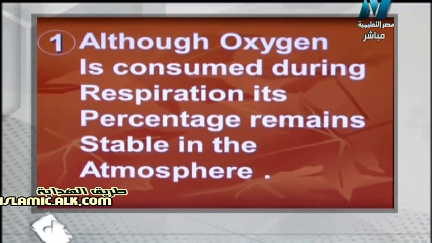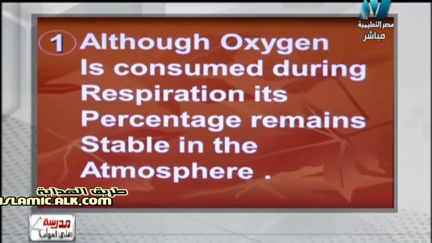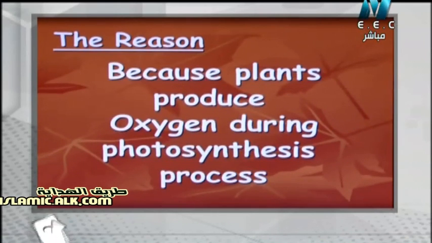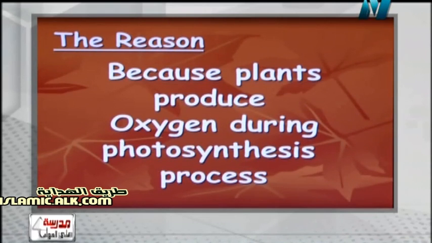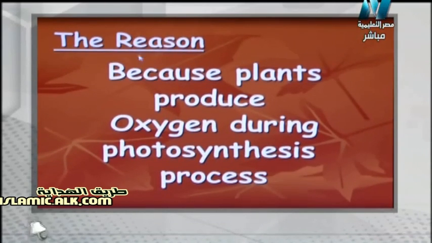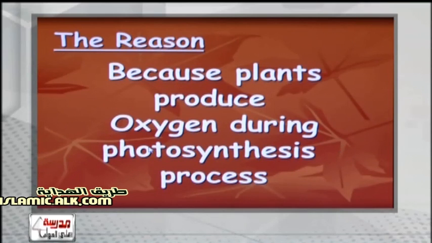Number one question says: although oxygen is consumed during respiration, its percentage remains stable in the atmosphere. يعني بالرغم من الأكسجين بيستهلك في التنفس لكن نسبته بتبقى ثابتة في الهواء، هو 21% يعني ما بيخلصش. ليه ما بيخلصش؟ Because we have a very important organism, the plant, because green plants produce oxygen gas during the photosynthesis process.